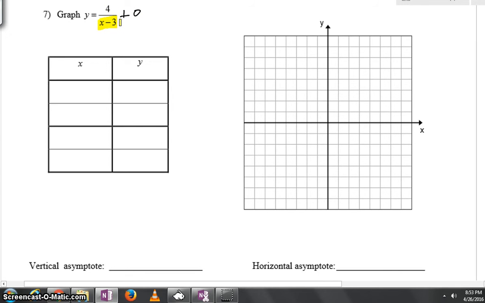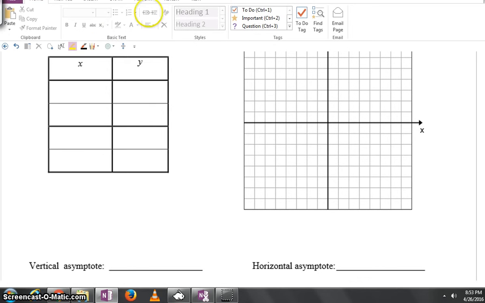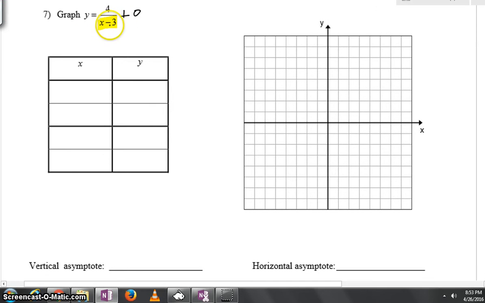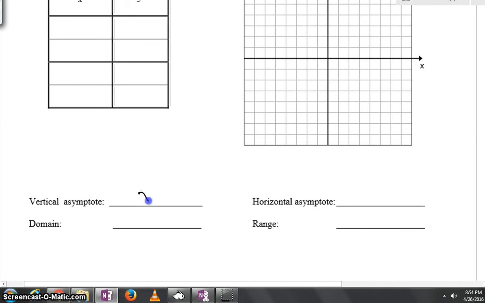It looks like -3 is associated with x, but we're going to use reverse logic and say x is really +3. That's your vertical asymptote, x equals 3. Your domain is going to be such that x cannot be equal to 3.